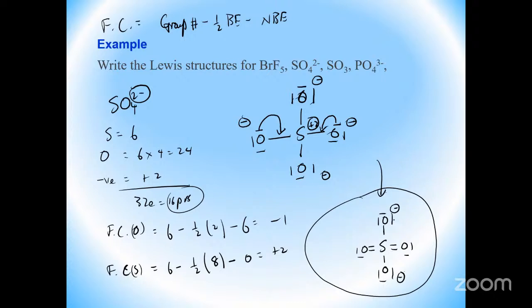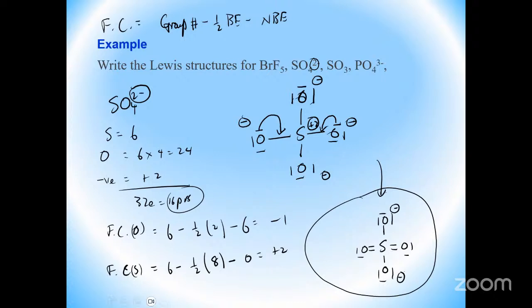These oxygens will have a formal charge of 0 as a result, and these oxygens will have a formal charge of -2. And by the way, that corresponds to the -2 that we have in the actual formula for the sulfate ion. So everything basically matches up. All right. Any other questions about this?